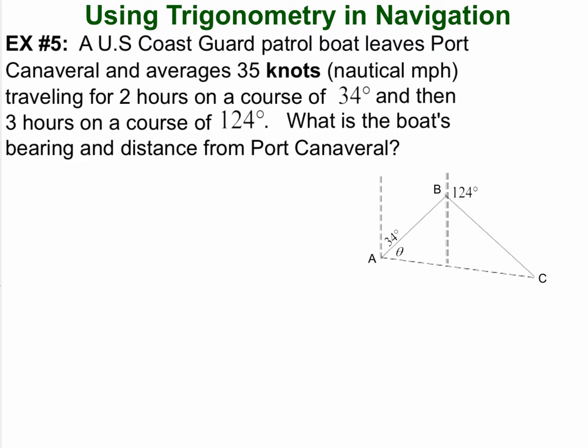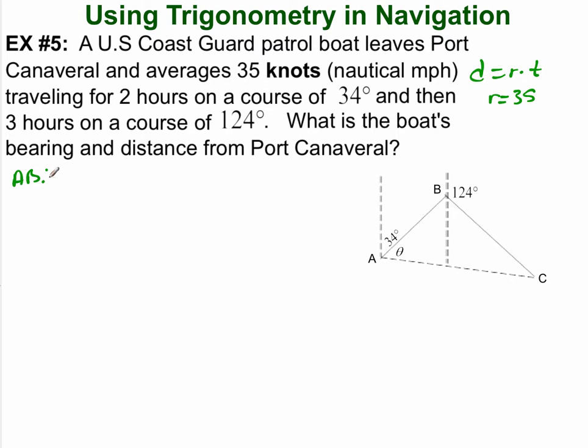Now, we can use trigonometry to do navigation. Suppose a U.S. Coast Guard patrol boat leaves port and averages 35 knots. This is nautical miles per hour, and travels for 2 hours at a course of 34 degrees. So that's AB. So let's see how long AB is. You remember distance is rate times time, and in this case, the rate is 35 knots.